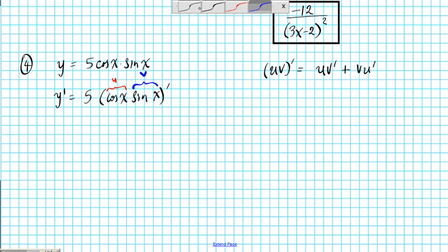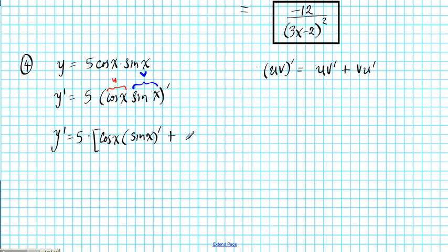So let's go ahead and apply the product rule to this scenario. y prime is going to be 5 times u, which is just cosine x, times v prime, which is sine x prime, plus, in square brackets, v, which is sine x, times the derivative of cosine, which is cosine x prime.